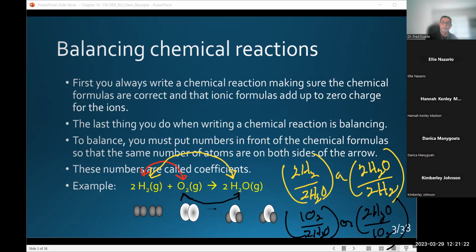And if you include the original ratios that we have, 2 hydrogens over 1 oxygen, or 1 oxygen over 2 hydrogens, I'll try to keep them color coded here so you can see. We have a total of 6 ratios that we can utilize to get from one set of units or one set of molecules to the other, or compounds, whichever we're working with.